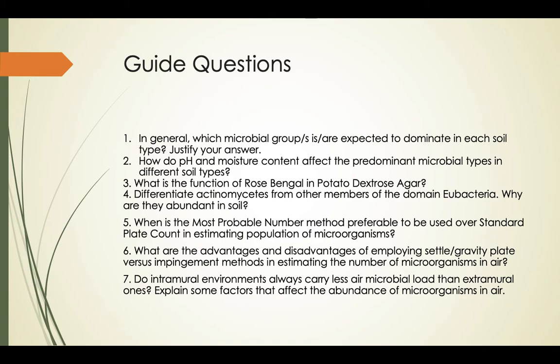They form strings or filaments. If we observe them under the microscope and we do gram staining, we expect that they have a filamentous, stringy appearance. In terms of colony, when you observe it on the plate itself, the colony appearance is different.